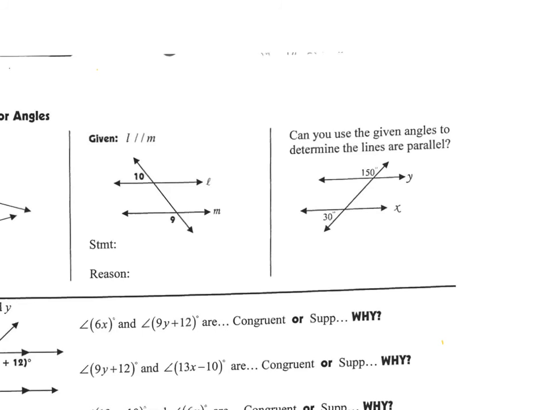Here, once again, this is like the left-hand column on our other page, that we're given that line L is parallel to line M. And so therefore our statement is going to be about the angles. And so we have angle 9 and angle 10, and they are supplementary. And why? Because we have parallel lines, and parallel lines imply that corresponding exterior angles are supplementary.